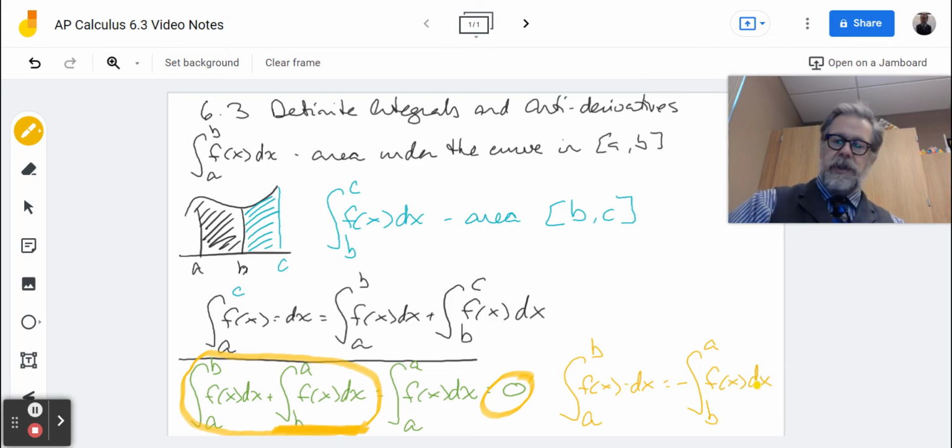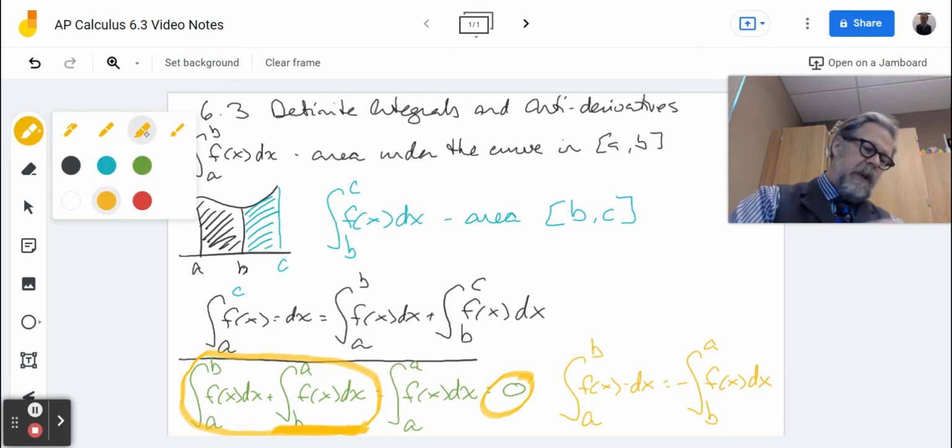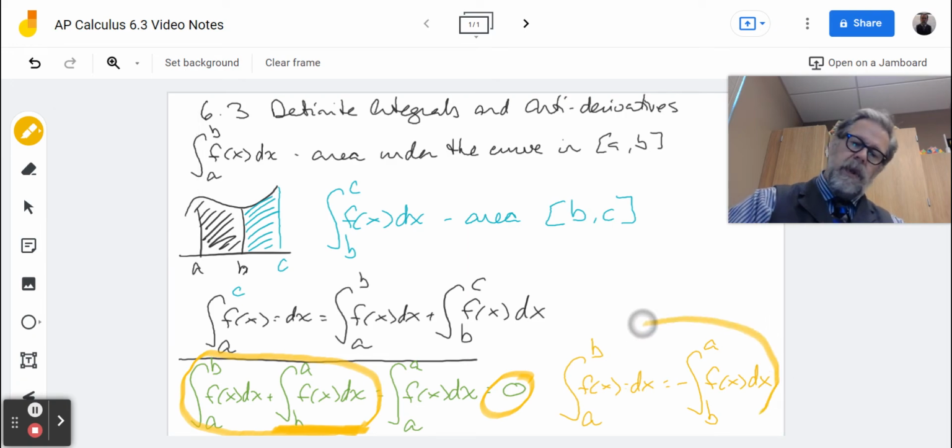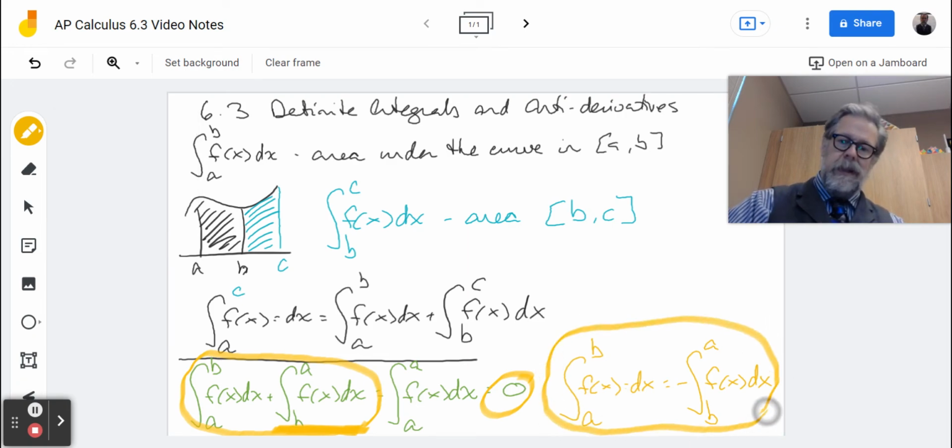So what we've just discovered is that if we go in the opposite direction, we're taking the exact same area, but it's a negative if we're moving to the left versus a positive if we're moving to the right.